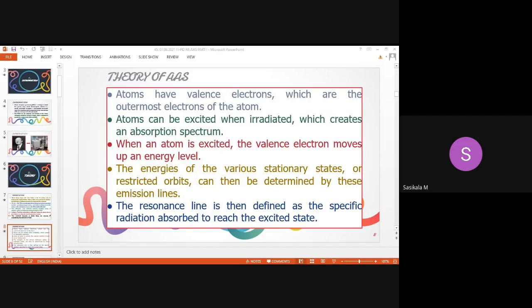So what is the electromagnetic radiation used in atomic absorption spectroscopy? Anyone can give answers? What is the electromagnetic radiation used in atomic absorption spectroscopy?